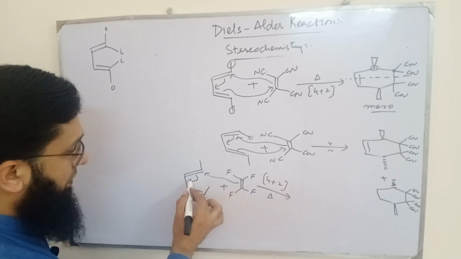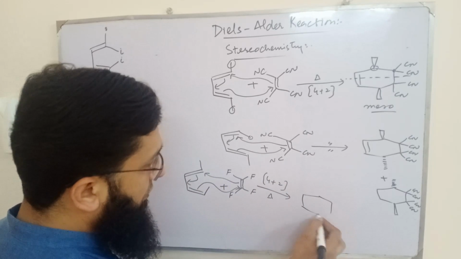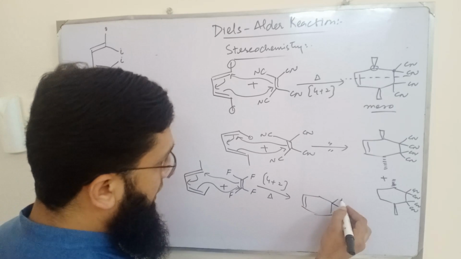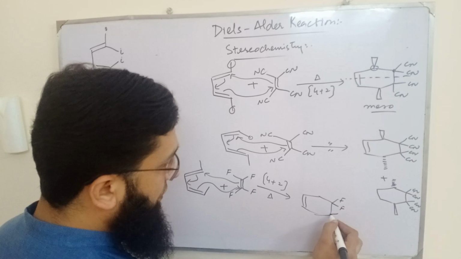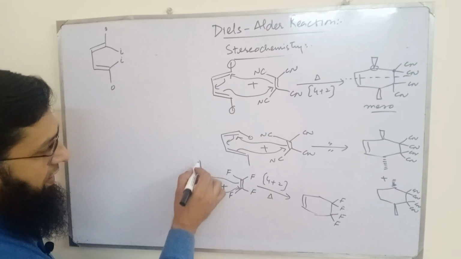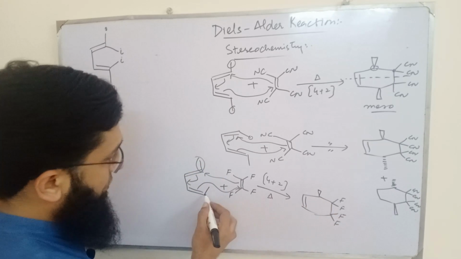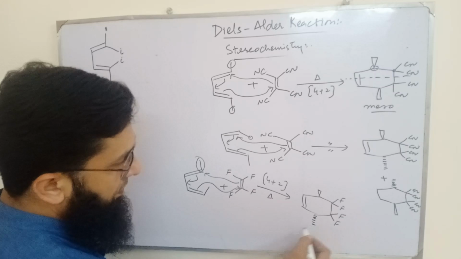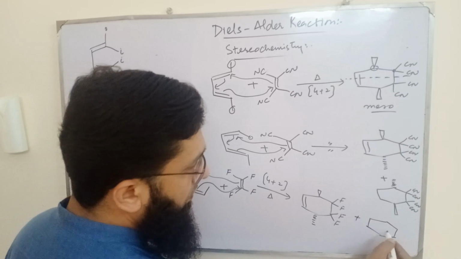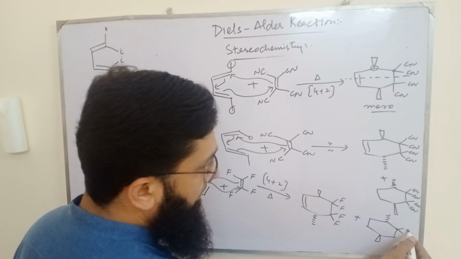In this case again, first we would draw cyclohexene, and here again there is no chiral center, so we do not need to show a chiral center. And if this is drawn above the plane, the other would be drawn below the plane, and in the other isomer, below the plane and above the plane.